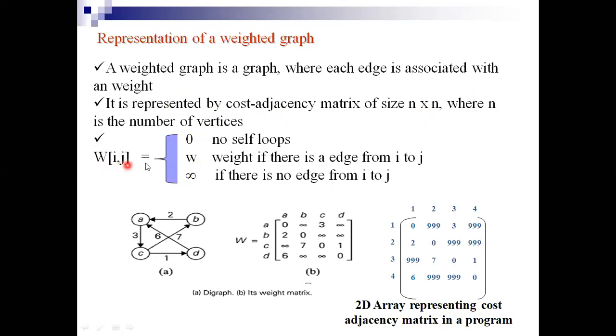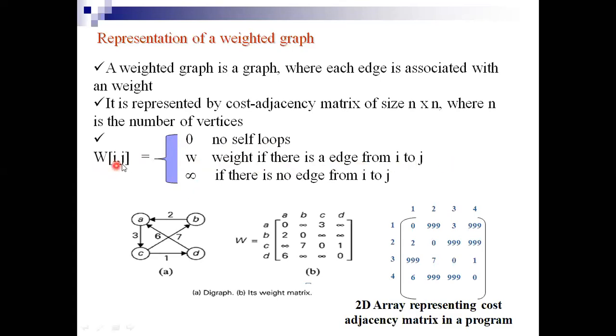The W of i j will be equal to 0 for no self loops. A self loop is an edge where the source and the destination vertex are the same. The W of i j entry is equal to w, wherein w is nothing but the weight, if there is an edge from i to j.